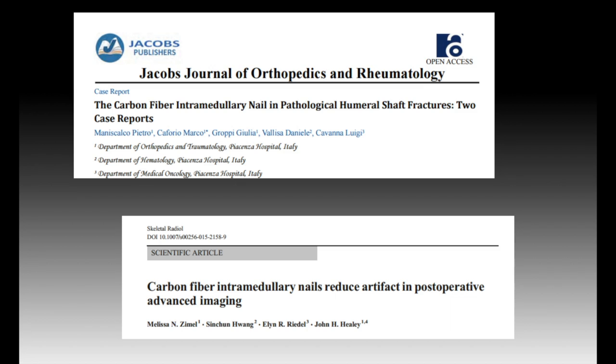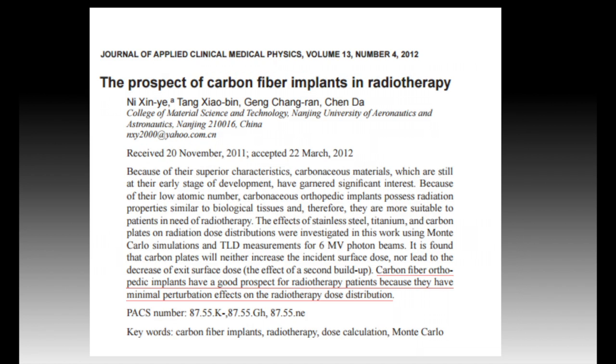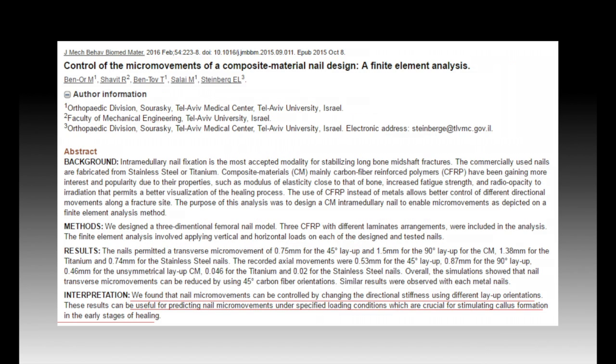From the literature, some case reports were published, and the previous study from Sloan Kettering was already cited. Regarding the importance of carbon fiber implants in radiotherapy, we have minimal perturbation effects on radiotherapy dose distribution, so, as we said, low toxicity in the surrounding tissues. From the mechanical point of view, it's also very interesting.